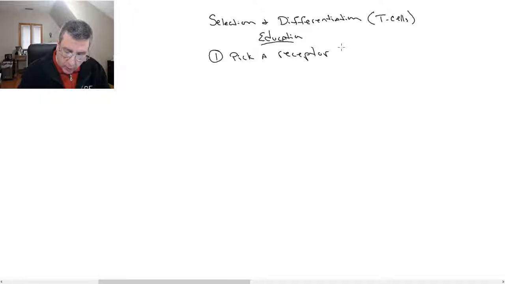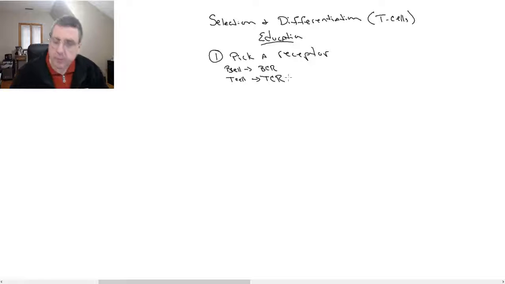For B cells, that will be a BCR. For T cells, that's going to be a TCR. Okay, so those are the receptors that we are looking at.